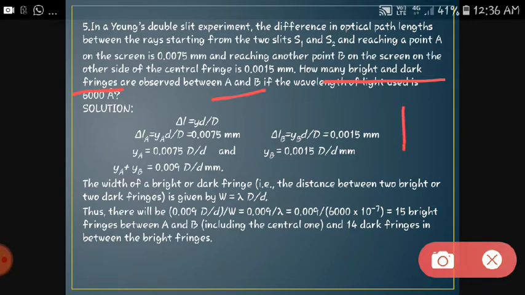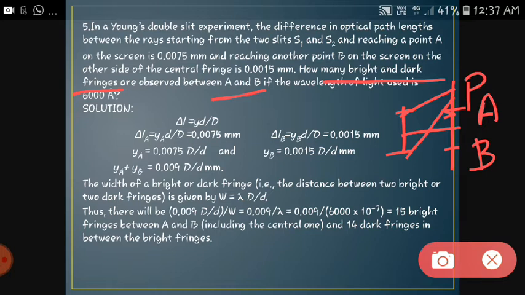As we see in Young's double slit experiment, this is slit 1, slit 2, and here is the central band. In this way we usually do the diagram of this, but here it is given that S1 and S2 start to move the light wave forward, and suppose the point A is here, and point B is here because it is on the other side.